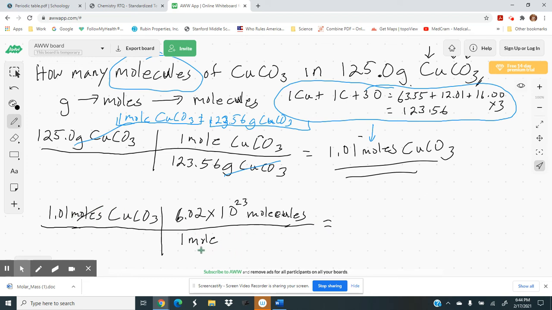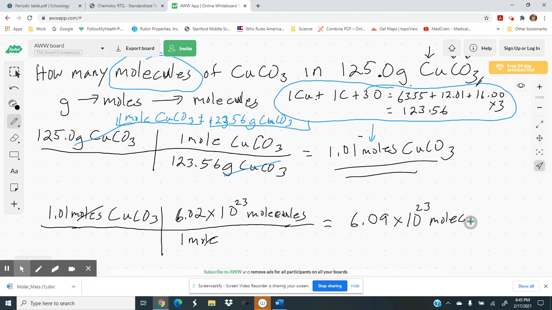So the moles are going to cancel, leaving me with 1.01 times 6.02 times 10 to the 23rd, and that is 6.09 times 10 to the 23rd molecules.